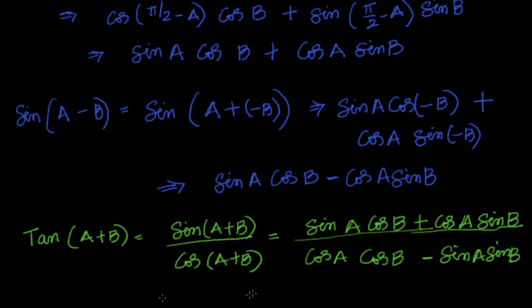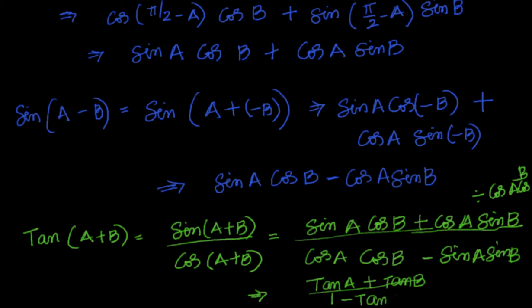Now if you divide this whole expression, both denominator and numerator, with cos a cos b, you will find out that this is nothing but equal to (tan a plus tan b) by (1 minus tan a tan b).